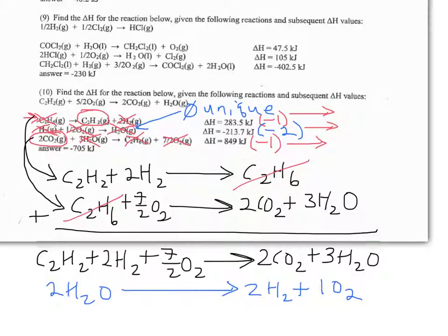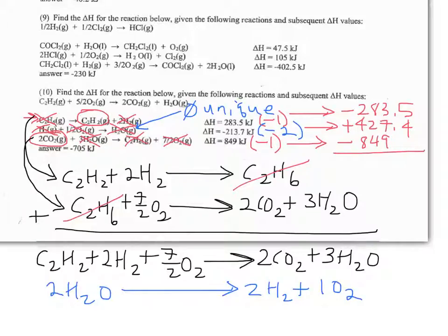Negative 1 times 283.5 is negative 283.5. Negative 2 times negative 213.7 is a positive 427.4. And then 849 times negative 1 is negative 849.